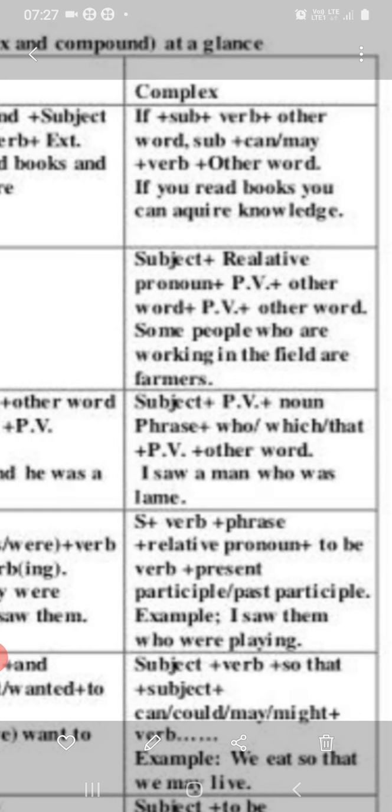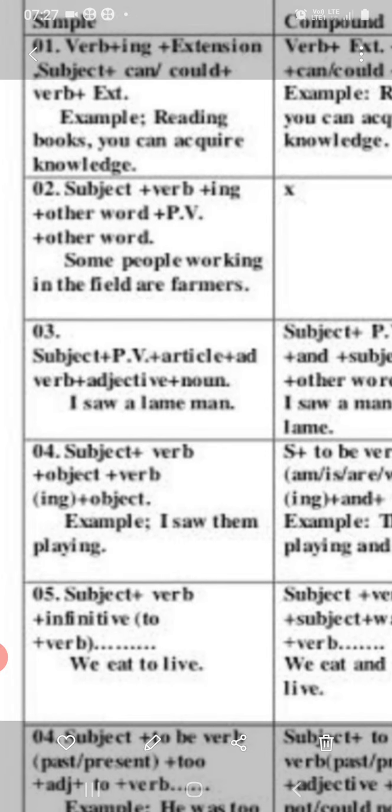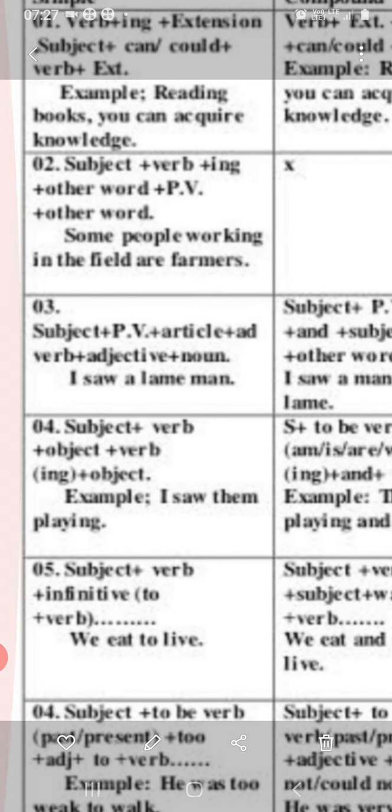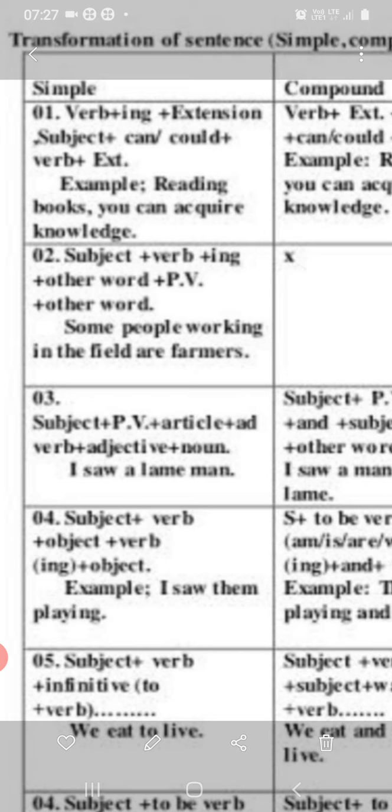So for this first model, we can use if plus subordinate clause plus independent clause. In the second type, almost the same, but it begins with the subject plus the verb ing form. The only difference is it begins with the subject, but with a phrase.